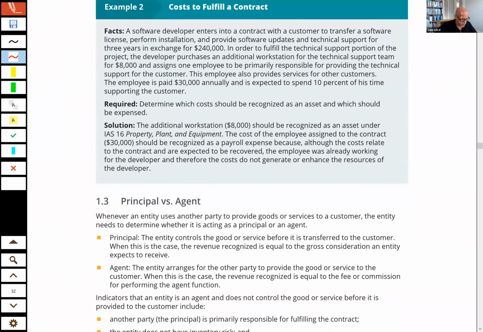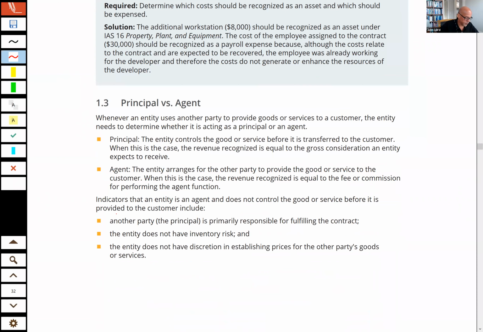Okay. All right, good. Let's look at principal versus agent. And what they're really getting into here is this notion that many services today, you simply have a company that sets you up with the service, and then another party provides that service.